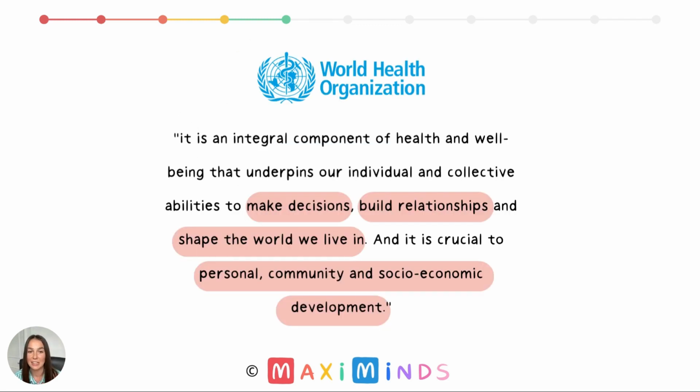Just to go back again to the World Health Organization, I pulled out these other things that I mentioned before around making decisions, building relationships, shaping the world they live in, and also having that crucial component of personal, community, and socioeconomic development as all outcomes of good and positive mental health.